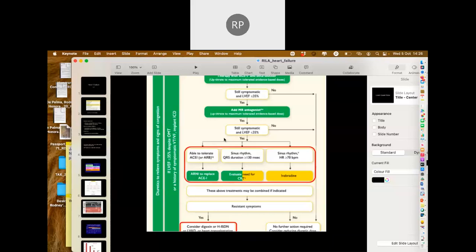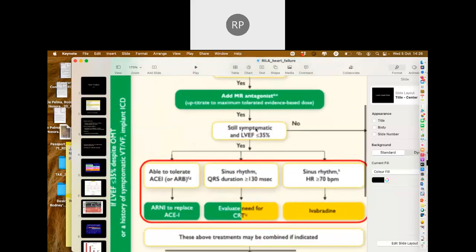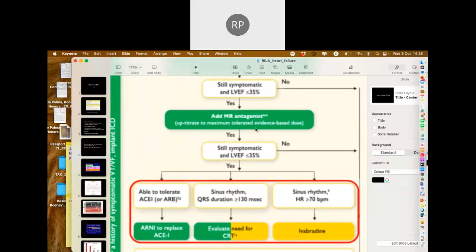However, in some healthcare organizations or systems, because of the cost of Entresto being quite high, sometimes if patients are doing very well on an ACE inhibitor or an ARB, then, yeah, the slide is small. Let me see if I can increase it. Is that a bit better, maybe?